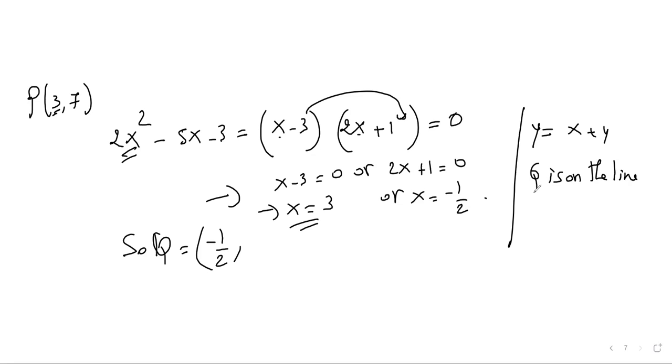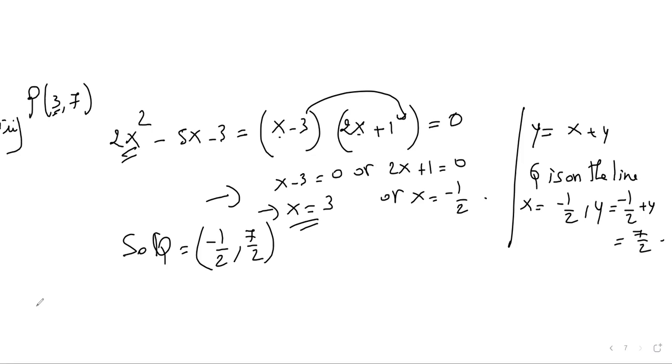So when x is equal to -1/2, y is equal to -1/2 plus 4, which is equal to 3.5, so 7/2. Right, so the coordinates for Q are (-1/2, 7/2), and I got the coordinates of Q. Okay, so this is for the second question.